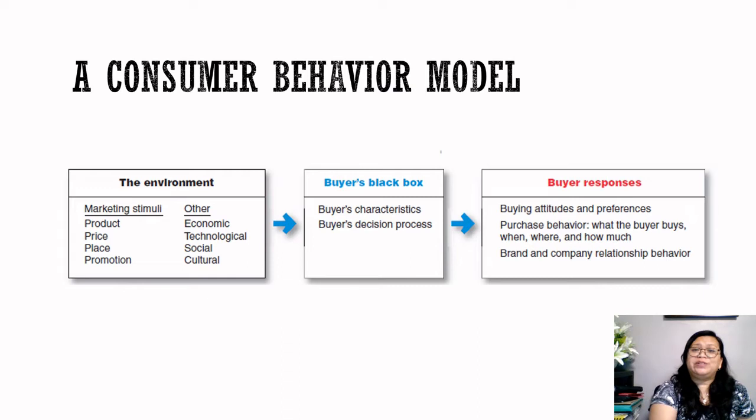Businesses aim to understand how the stimuli are changed into responses inside the consumer's black box, which has 2 parts. First, the buyer's characteristics influence how he or she perceives and reacts to the stimuli. And second, the buyer's decision process itself affects his or her behavior.